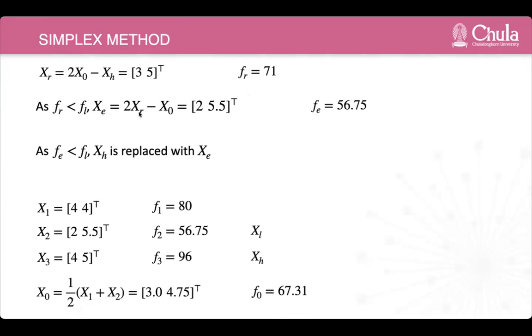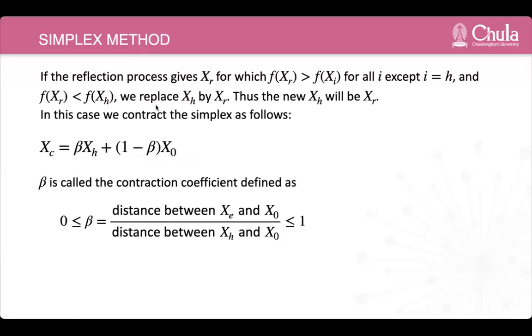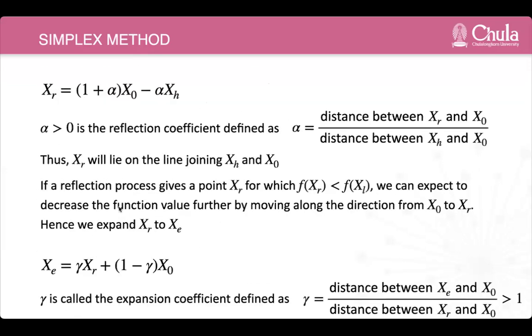And XE is calculated by gamma times XR plus 1 minus gamma times X0, the centroid. What does it mean? First, we project from XH through the centroid. And we know that in that direction we obtain a better solution, even better than the best one in the previous round.